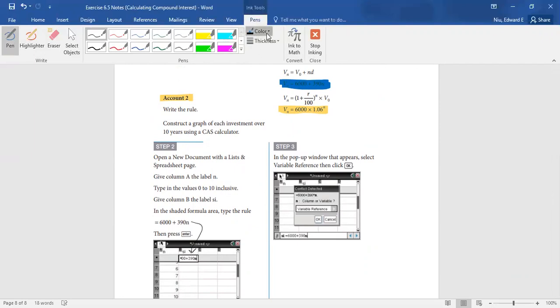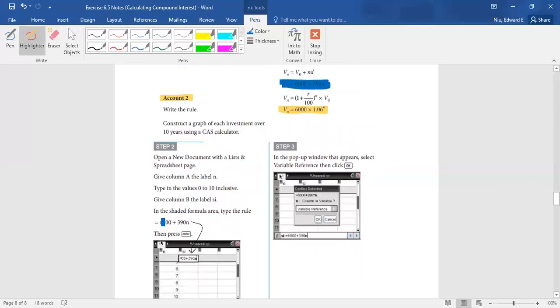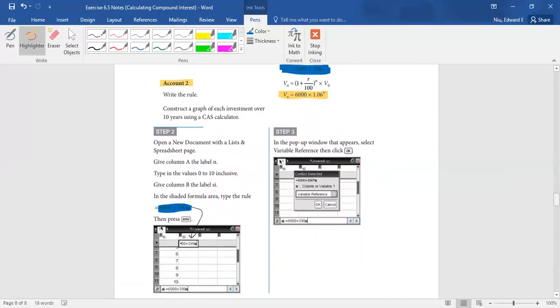So there's that rule that we had up in blue. Fill it out, press enter. Don't forget an end column, just so we can see what it is after 10 years or so, or 20 years. Press OK.